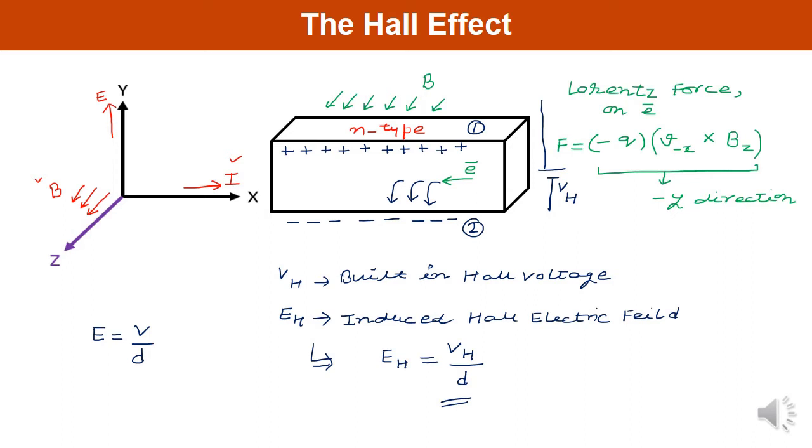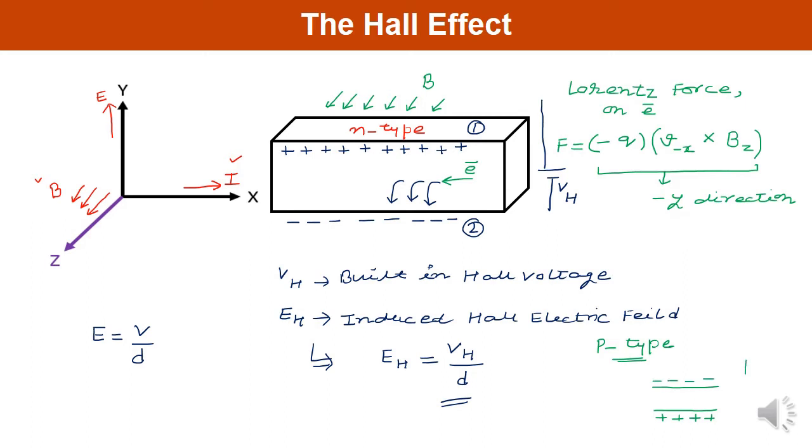You can understand the case for holes as well. Here an n-type semiconductor is being taken. If you are considering a p-type semiconductor, in that case the bottom plate will be positively charged while the top surface will be negatively charged because of the movement of holes.